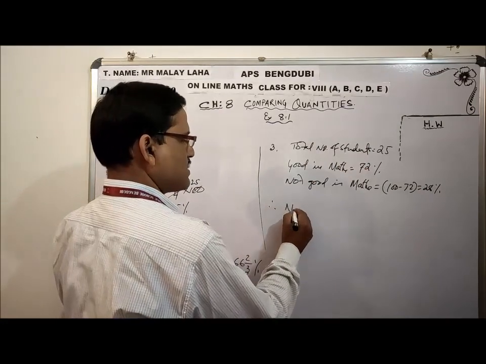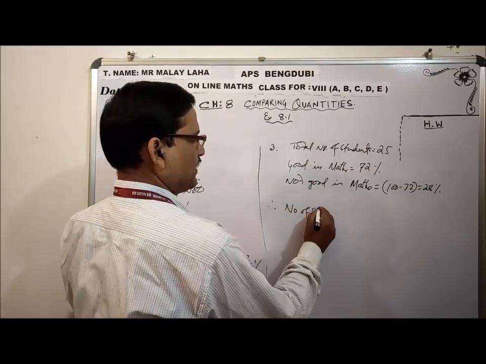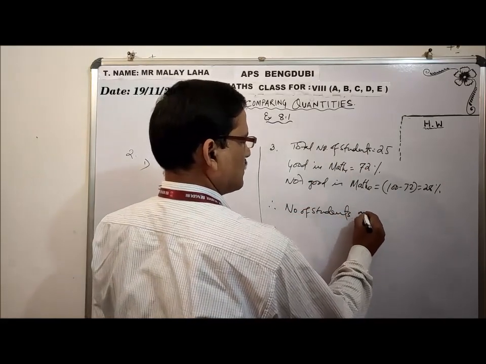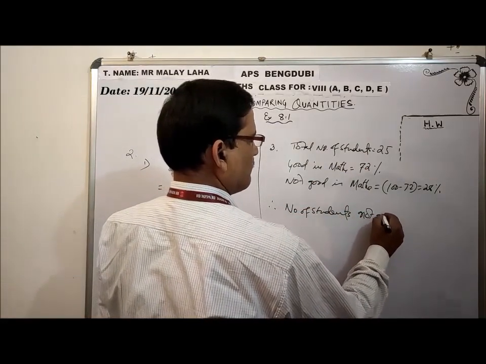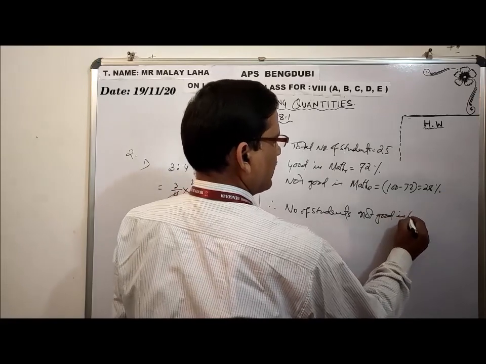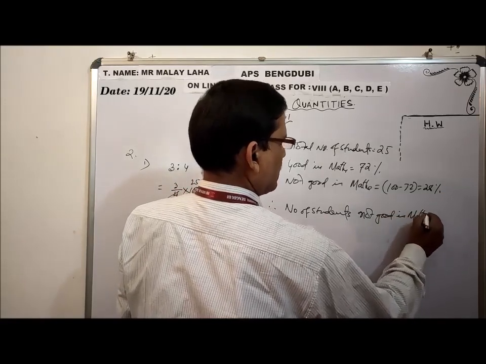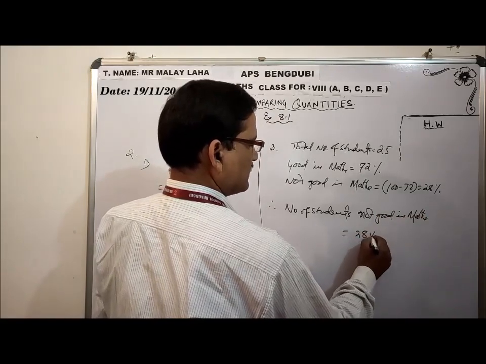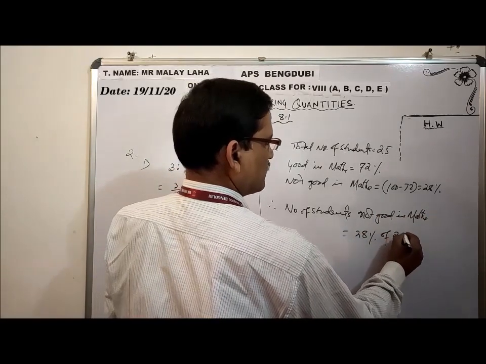Therefore, the number of students not good in maths equals 28% of 25.